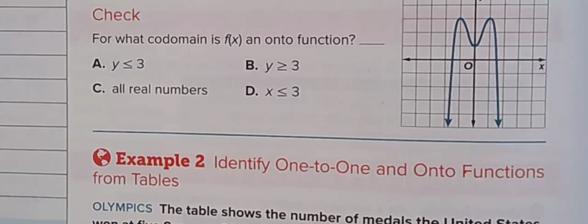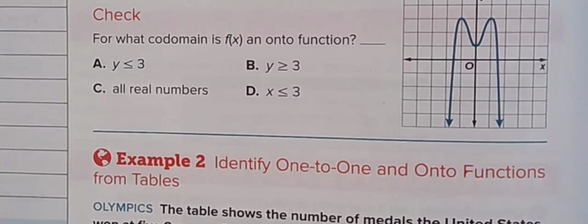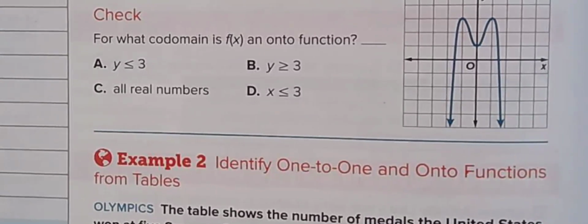So basically the best way to figure this out is figure out the range. Because if the range and the codomain must be equal for it to be onto, we can find out the range and then apply that same thing to the codomain and say, hey, those two things would have to be the same for it to be onto. So what's the range? What are the possible y values of this function?